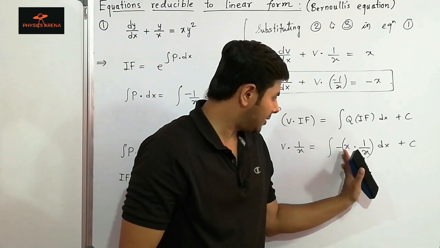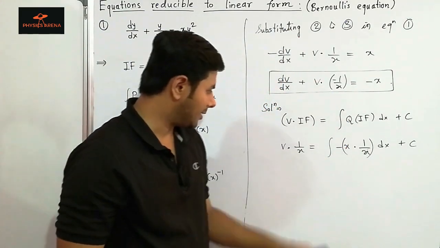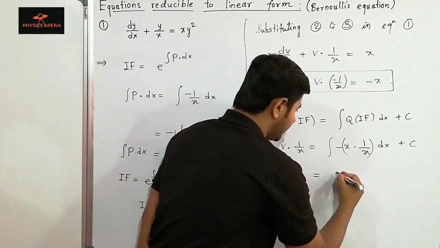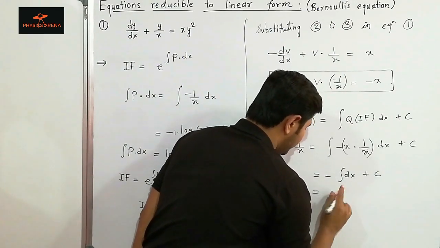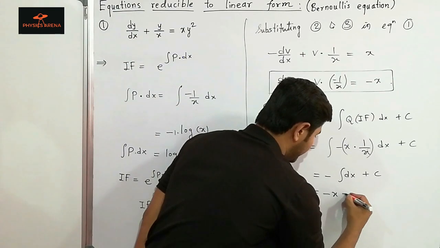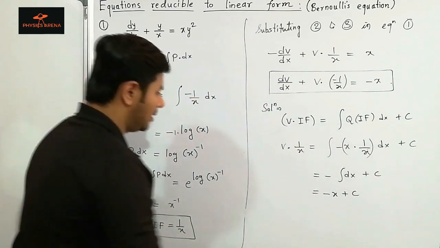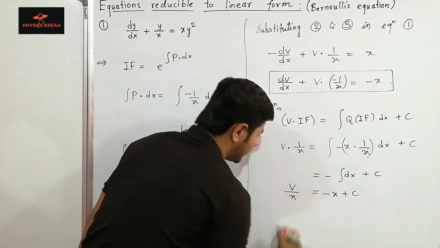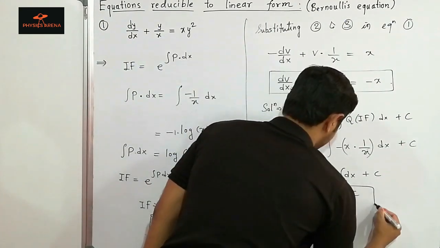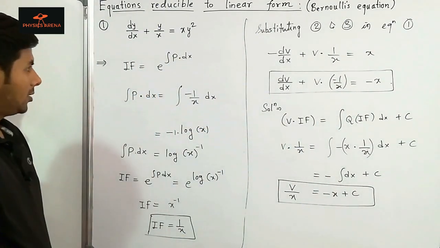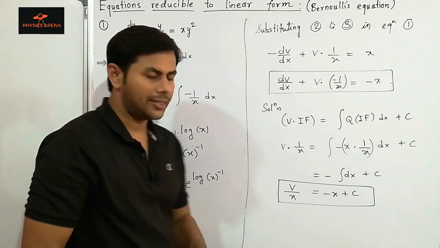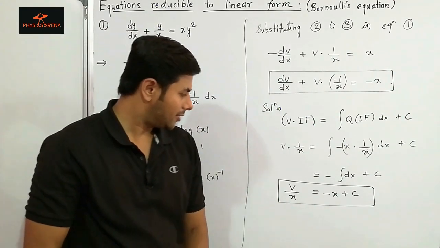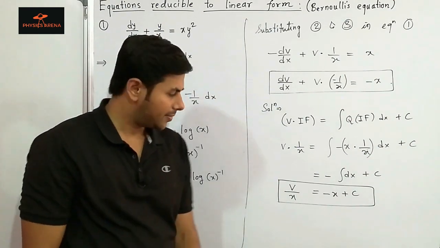So we are left with integral of dx with minus sign equals integral of dx plus c, which is minus x plus c, and this is v over x. So we substituted y raised to minus 1 equals v, so we can substitute it back.